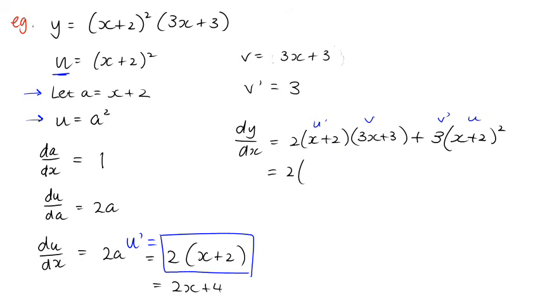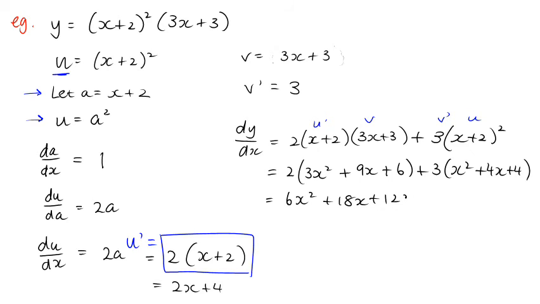So 2 times 3x squared plus 3x plus 6x, 9x plus 6, plus 3 times x squared plus 4x plus 4, equals 6x squared plus 18x plus 12, plus 3x squared plus 12x plus 12. 6x squared and 3x squared, 9x squared, 18x and 12x, 30x, 12 and 12, 24.